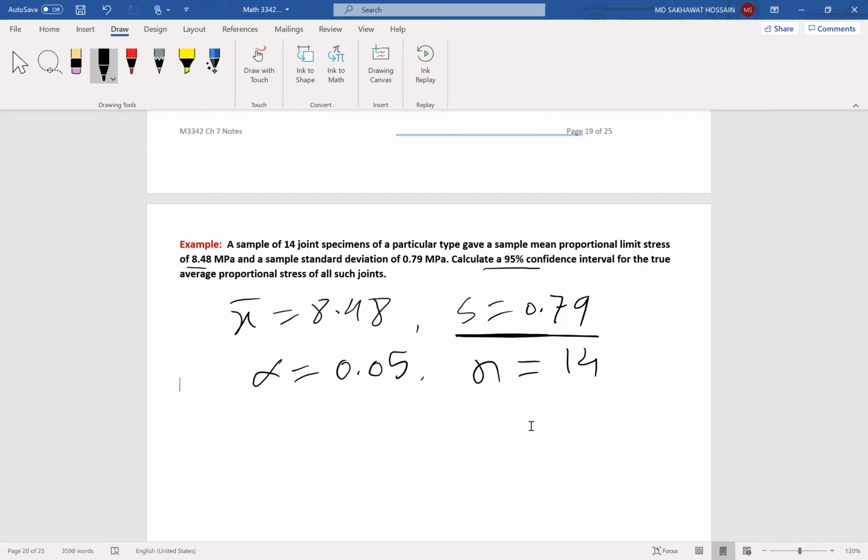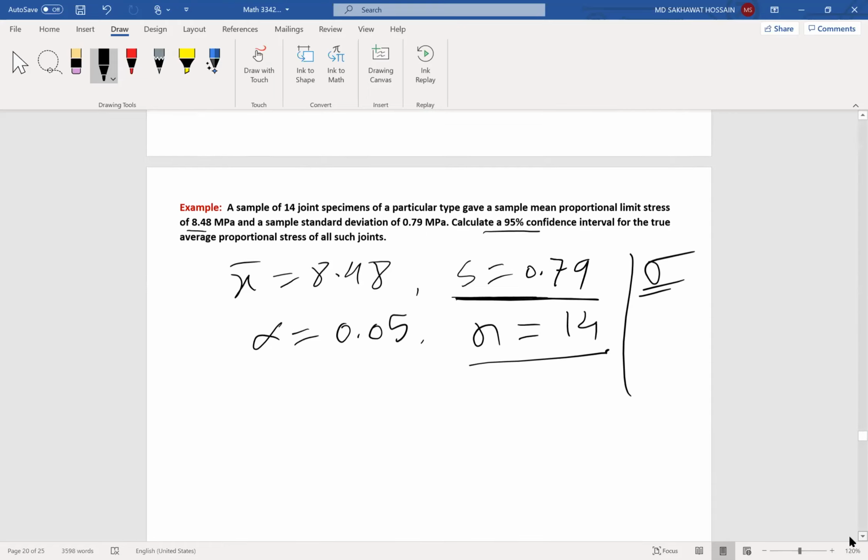First determine whether you will use Z or T. If you have S, not sigma, then look at the sample size. If the sample size is small, use T distribution. If the sample size is large, use Z distribution. But if sigma is given, then whatever the sample size, it doesn't matter. Always use Z distribution.